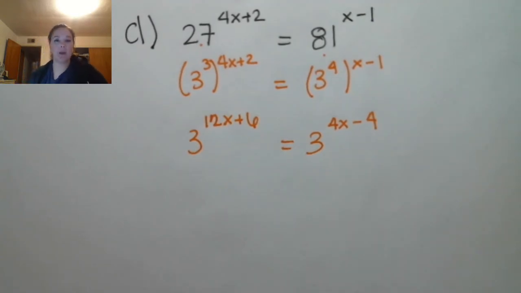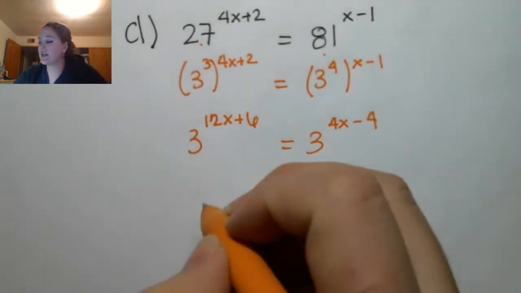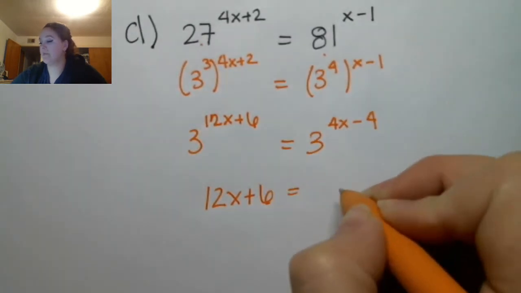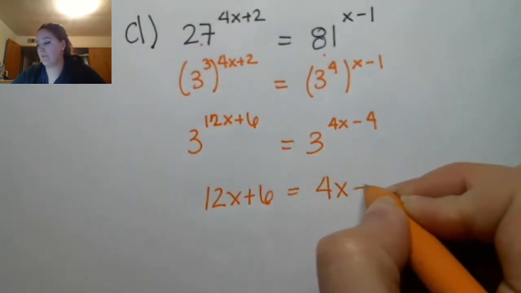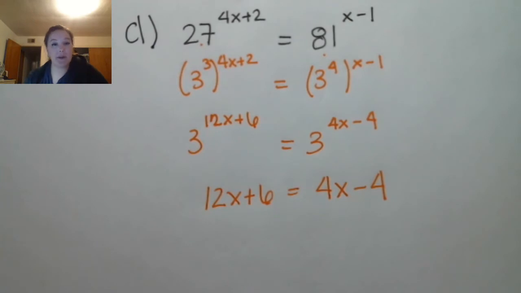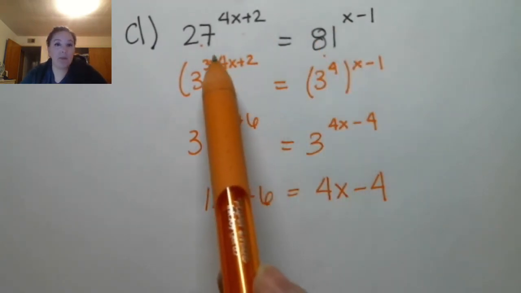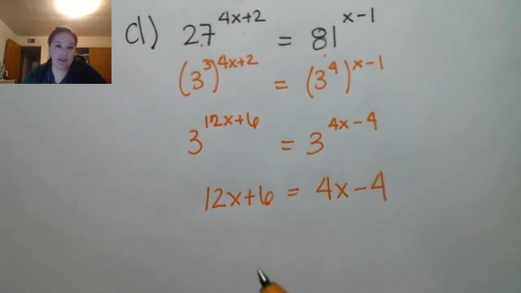Now my expressions are equal, they have the same base, so I'm able to say that their exponents must be equal. I wanted to point out that we can't start by equating the exponents because these two expressions don't have the same base. We don't know that 2 to the x and 3 to the y have the same exponent x and y because their bases are different.